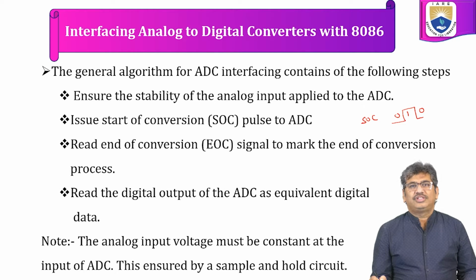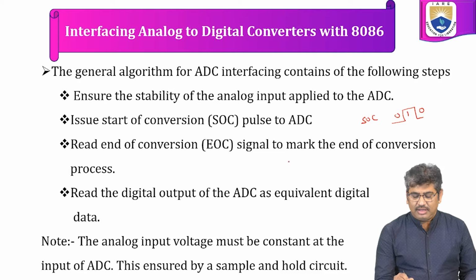Once the conversion is done, the end of the conversion process will be indicated on the EOC signal by the ADC, that is end of conversion. So we read the end of conversion signal to mark the end of the conversion process. Once the conversion is done, then read the digital output of the ADC as the required digital data.